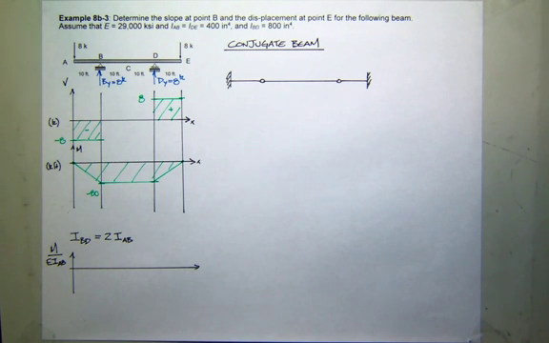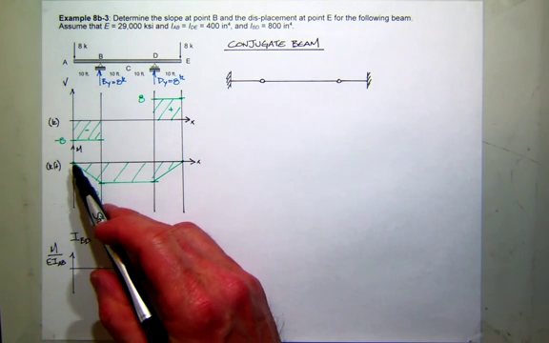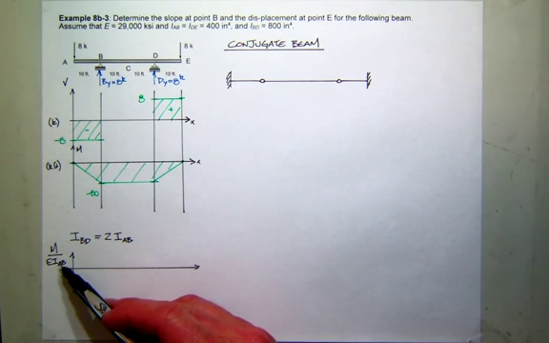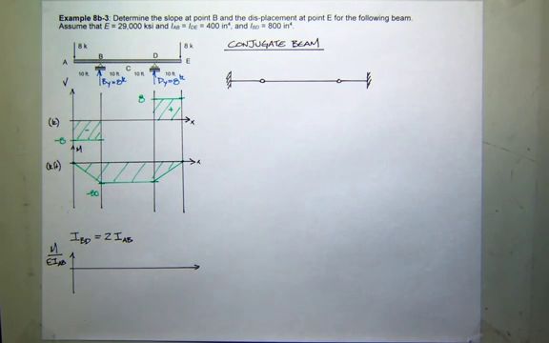Okay? So when I'm in section AB or DB, that is the moment of inertia. So there should be no change, right? So what should my value be?